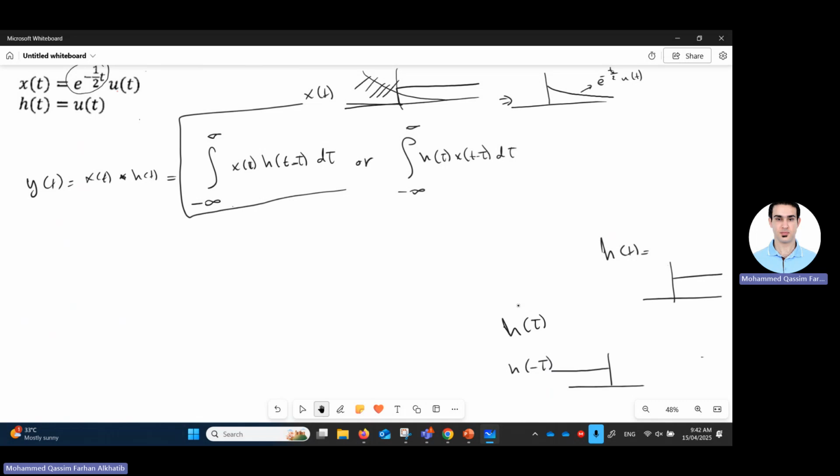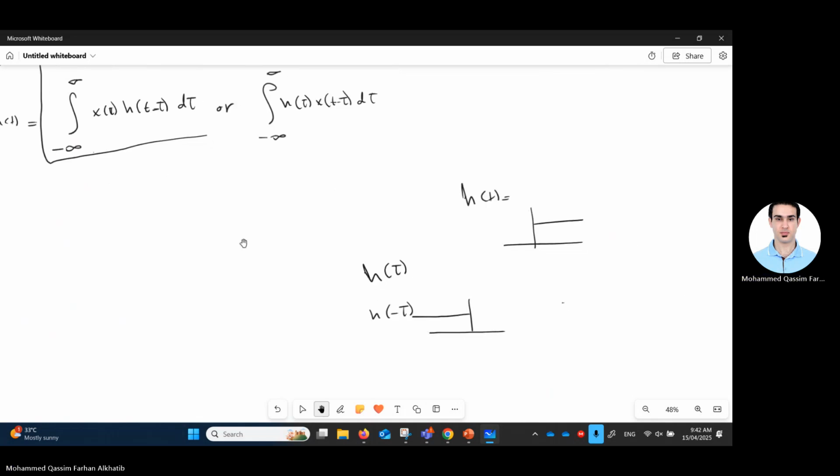Then h of negative tau plus t, which is t minus tau, is what? And here's the 0. What will be the value here? t. So I'm shifting to the left, because it's t minus tau, I'm adding t. So I'm shifting to the left by t points.